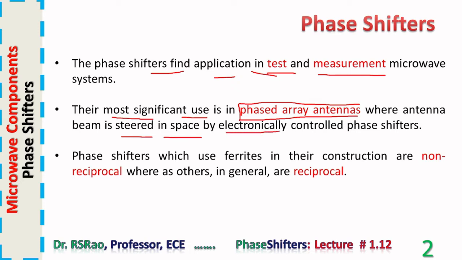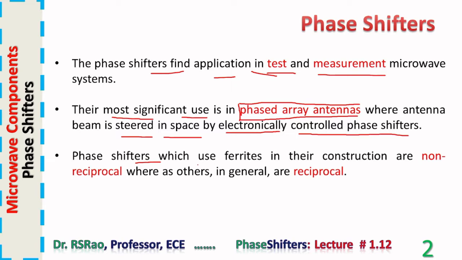Beam can be steered mechanically also by employing servo control systems, but it is associated with several disadvantages, in addition to being slow, having wear and tear. The electronic steering of the antenna beam is the latest and most efficient one, and it is done through electronically controlled phase shifters.